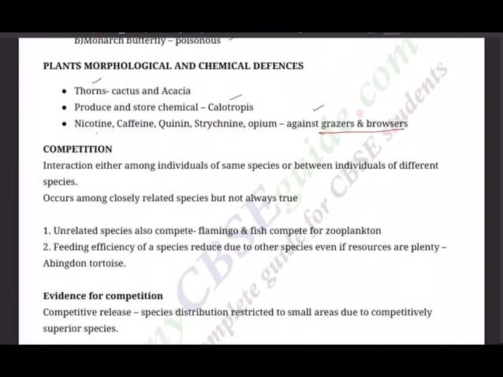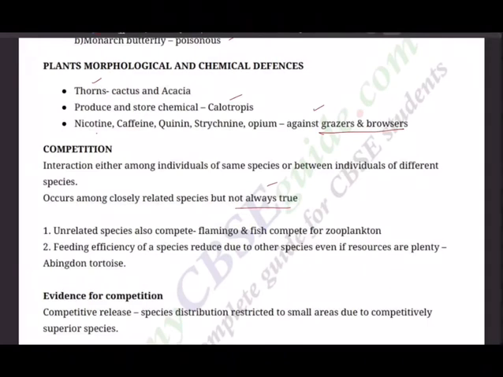Next, competition. It is an interaction either among individuals of the same species or between individuals of different species. It may be competition between a lion and a deer, or it may be lion versus lion. So the interaction can be of the same species or different species. It occurs among closely related species, but this is not always true.